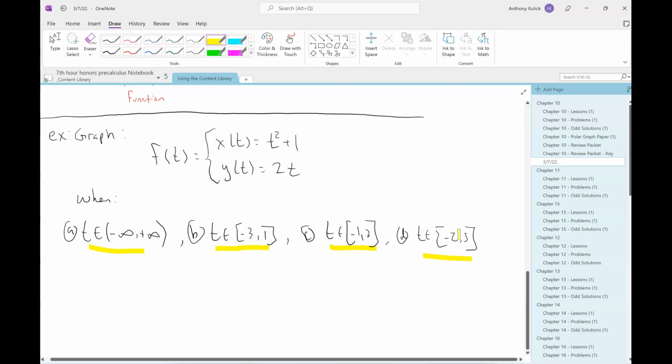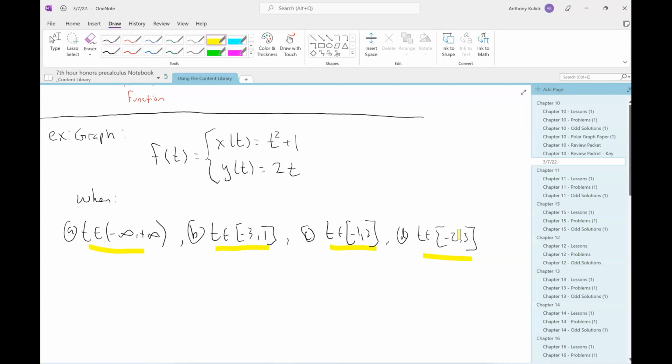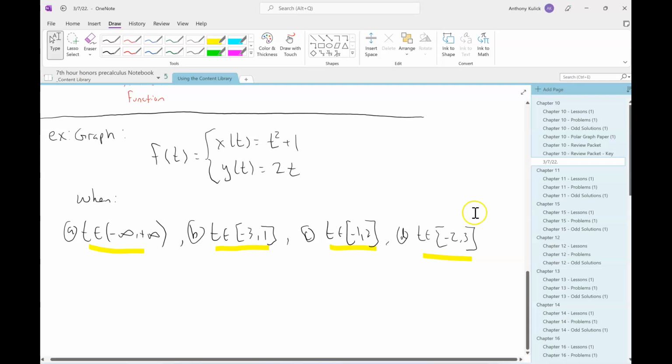And we're going to just use our graphing calculator here to generate the pictures for these graphs, to show you a picture and show you exactly why we care about these parametric functions and what we're capable of doing with these easily that we could not do easily, or could not do at all, with a Cartesian function.